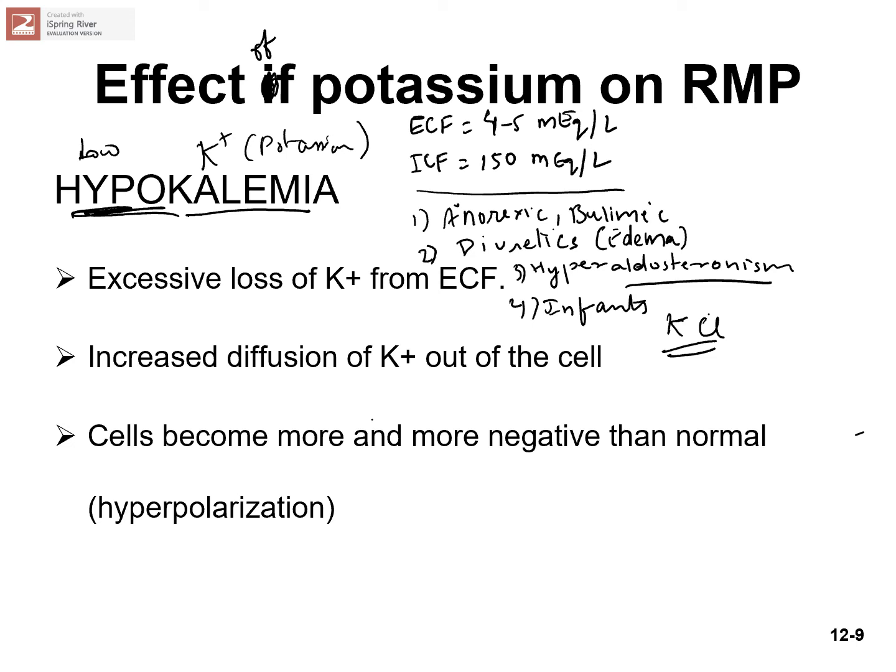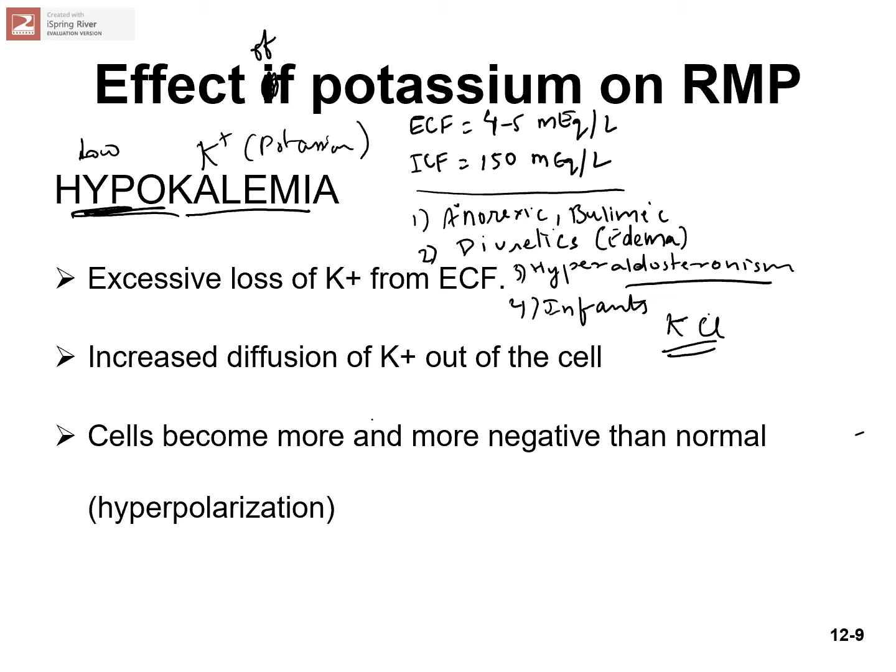Potassium is never a bolus. They give it very gradually in very small quantities, but it is never bolused, because drastic changes in potassium concentration can lead to sudden death.